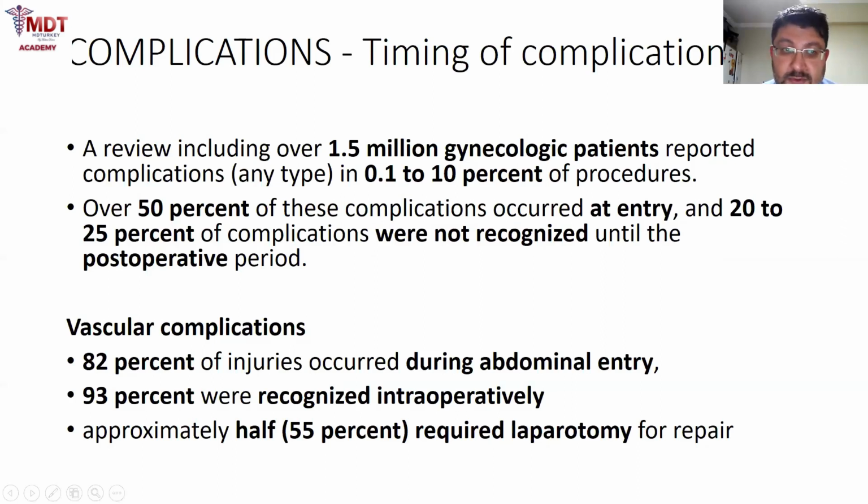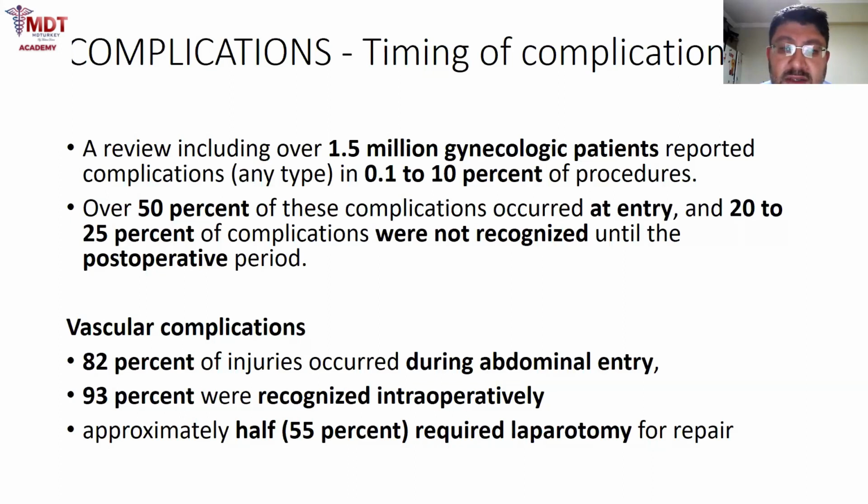Most of the complications, the entry is an important part of this surgery. 50% of the complications happen at this entry, and 20 to 25% of these complications are not recognized until the post-operative period.